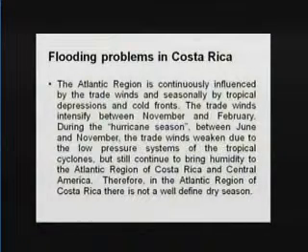During the hurricane season, between June and November, the trade winds weaken due to the low pressure systems of the tropical cyclones, but still bring humidity to the Atlantic regions. Therefore, and this is an important characteristic of the country, the Atlantic region does not have a very well-defined dry season.